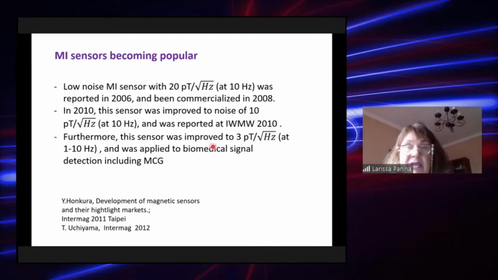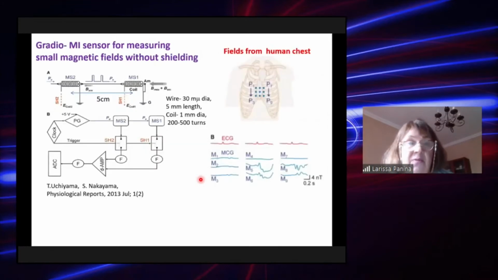Recently, a sensitivity of up to 3 picotesla was realized at quite low frequencies, below 10 hertz, and it was proposed for biomedical signal detection. Actually, in Japan there was an attempt to do this, and they used two wires with coils in a differential arrangement.